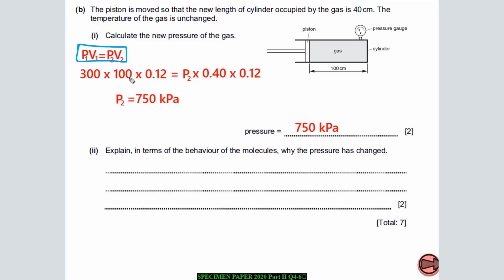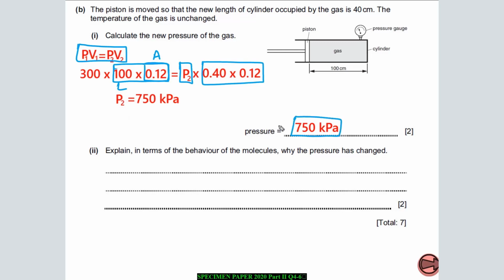So this is P1 V1, and this is the volume actually. Even here we just use L because on both sides the area will be cancelled. Here again this is the volume, this is V2, and what we need to find out is P2. If we just multiply and solve, we will get our final answer.